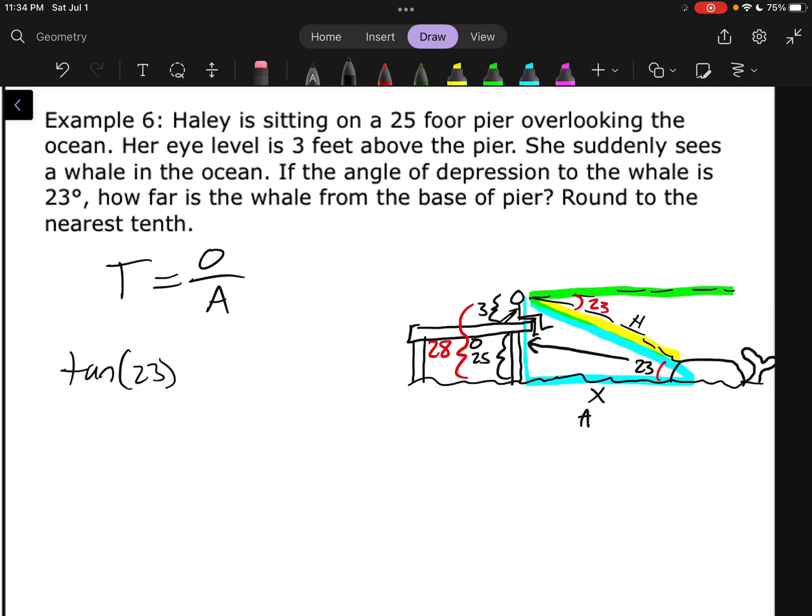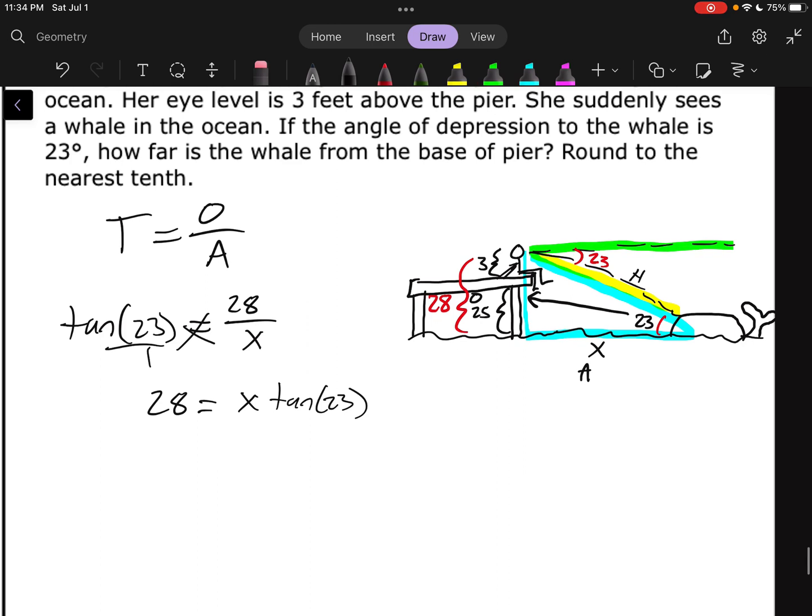Tangent of 23 is equal to 28 over x, the 25 feet for the pier, the 3 feet for the eye level above the pier. We cross multiply. 28 times 1 is 28, x times tangent of 23. Divide both sides by tangent of 23.